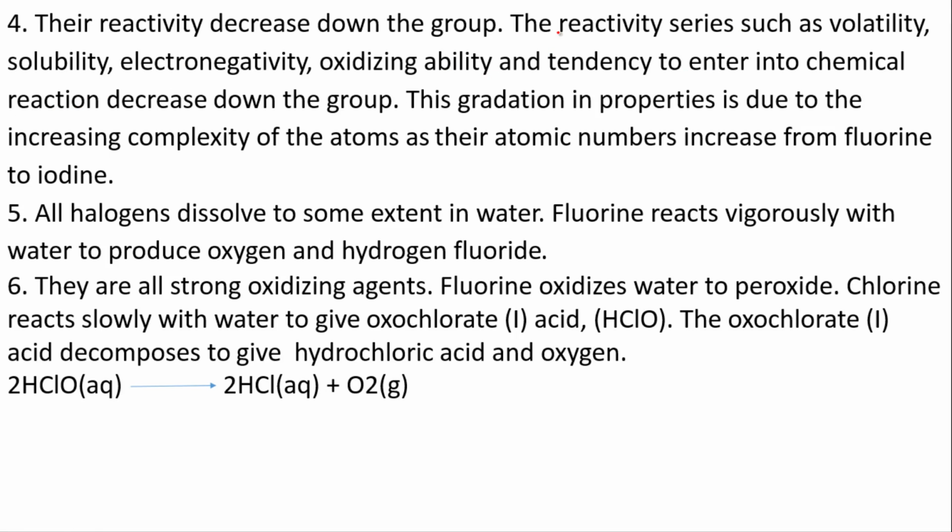Fluorine is more volatile than chlorine, chlorine more volatile than bromine, bromine more volatile than iodine. In terms of electronegativity, the same thing. This gradation in properties is due to the increasing complexity of the atom as the atomic number increases, as the van der Waals force and the atomic size increase.